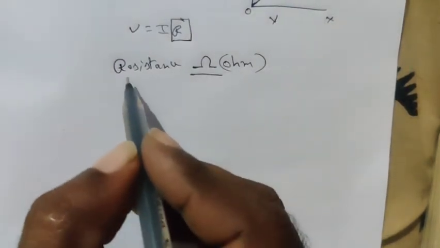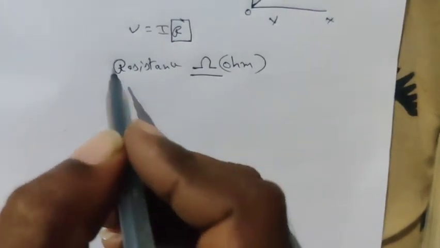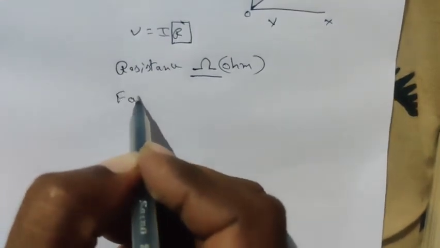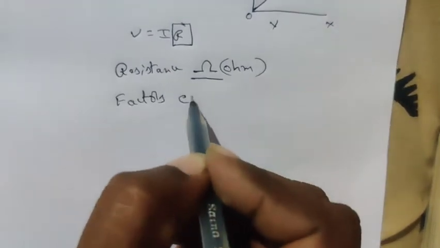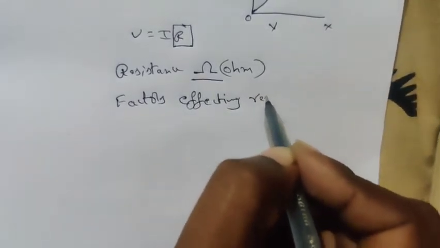Now let's see, resistance means ohms, we said. What factors can the resistance depend upon? We'll see the factors affecting the resistance.